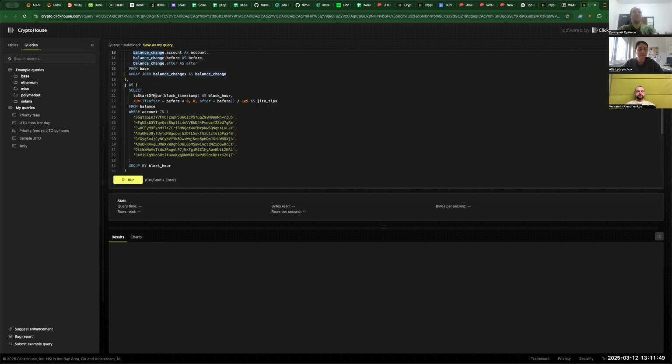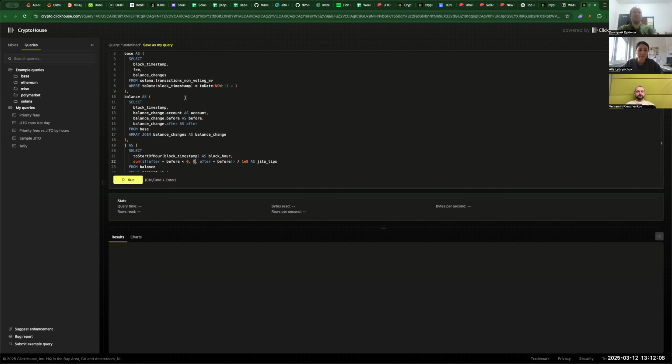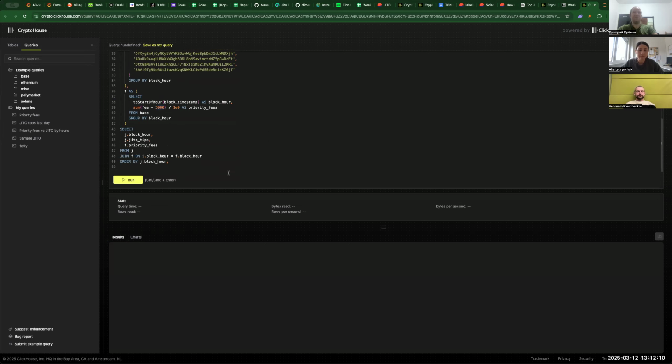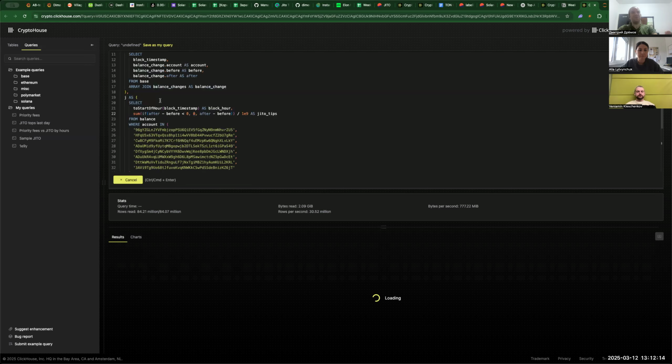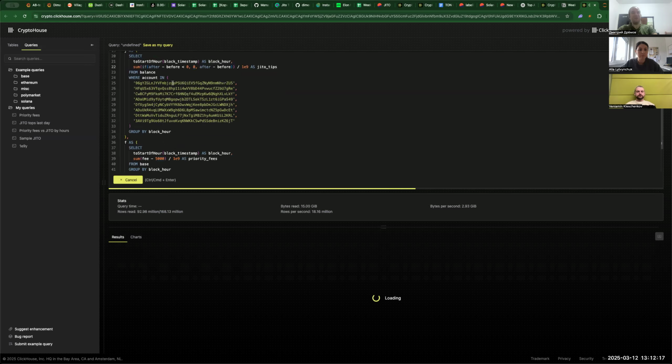This is how we filter out the outgoing transactions, which we don't need for the JITO tips calculation. In a similar way, we aggregate by hour for the day before current. So one idea was to use these transfers to JITO tip accounts, and the second idea was just to summarize the fees from the transactions.